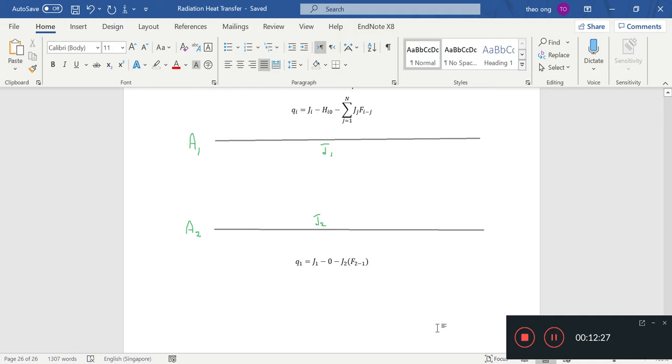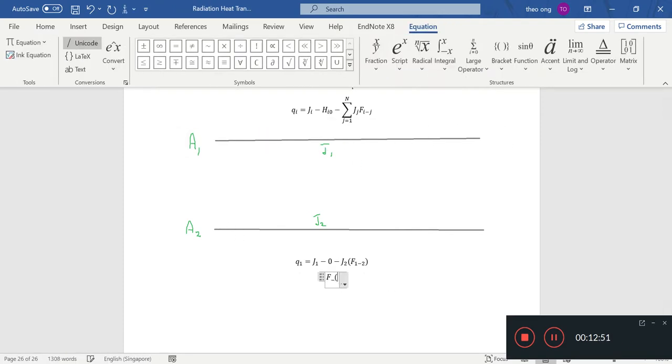Oh, it's not 2 to 1, it's 1 to 2. Now, conveniently, because these plates only see each other, everything emitted by plate A1 is going to be received by plate A2. So in fact, the view factor here is just 1. So we have Q1 equals J1 minus J2.